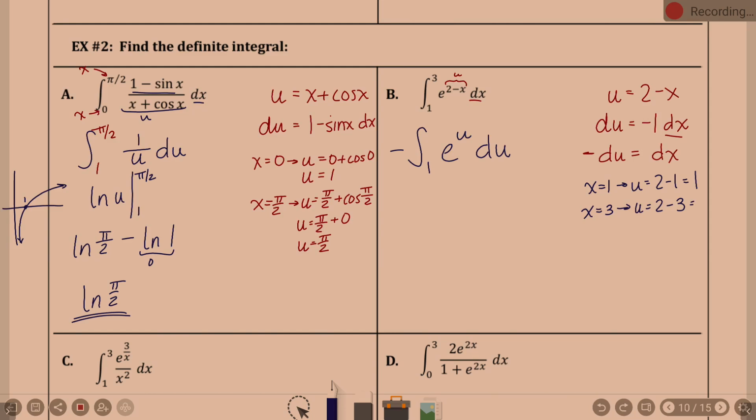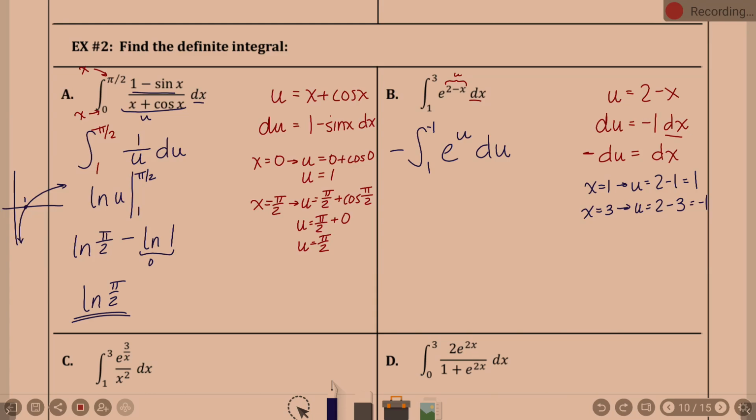Two minus 3, which is negative 1. Our boundaries are reversed from what they should be. We need to have the smaller on the bottom. Kind of works out to our advantage, though, because there's already a negative out front. So when you flip them, that negative becomes a positive.